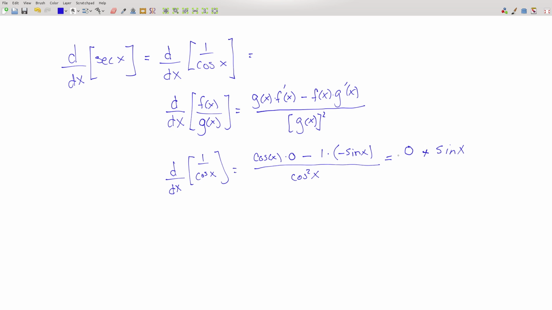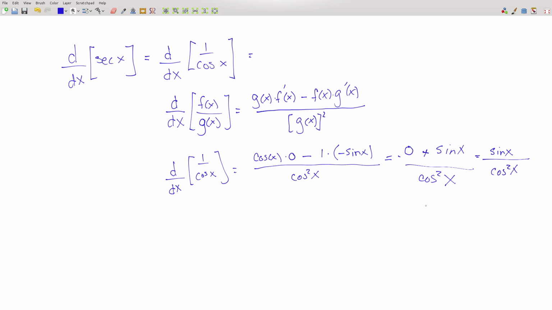So 0 plus the sine of x is the sine of x over cosine squared x. I'm going to split this up a little bit.